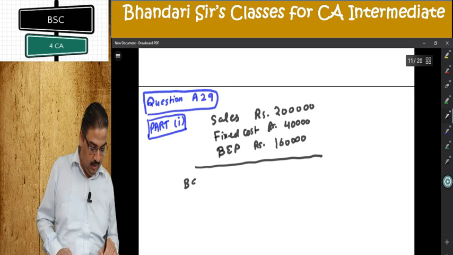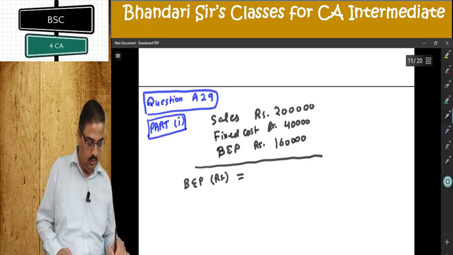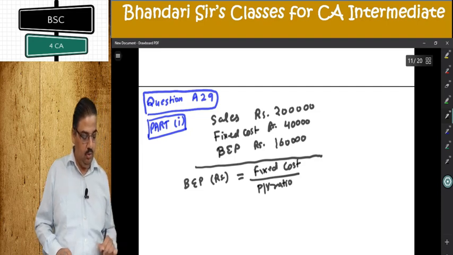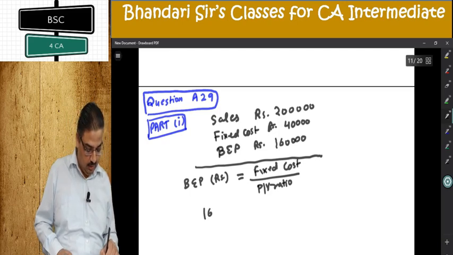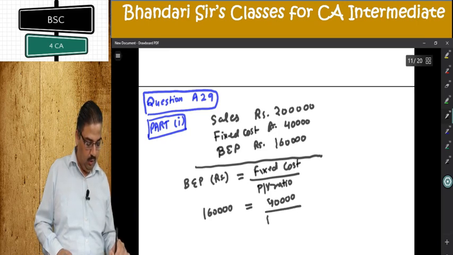Break-even point in rupees, formula was fixed cost divided by PV ratio. So what I can get from here is PV ratio. 1,60,000 is equal to 40,000 divided by PV ratio.